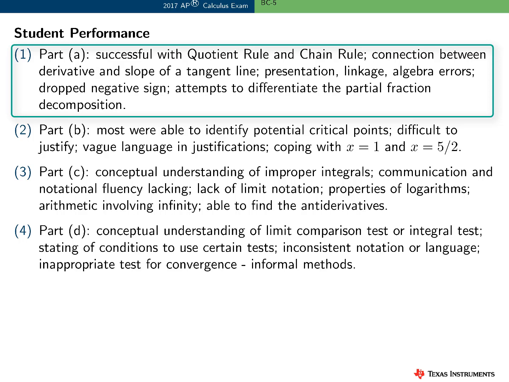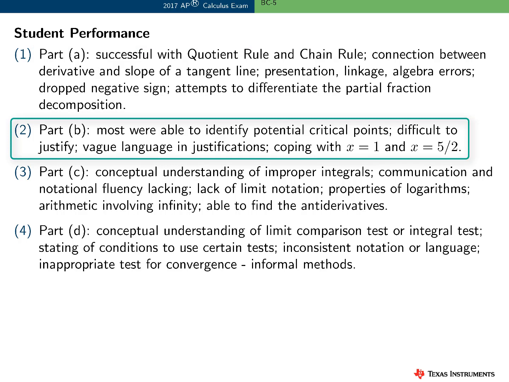Some students dropped the negative sign in the derivative, and there were attempts to differentiate the partial fraction decomposition given in Part C. In Part B, most students were able to identify the potential critical points. However, some had difficulty with justifications, using vague language. In addition, some students didn't know how to deal with x equals 1 and x equals 5 halves.